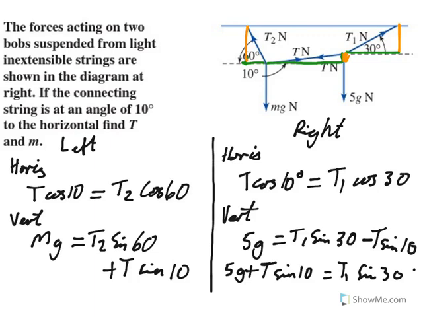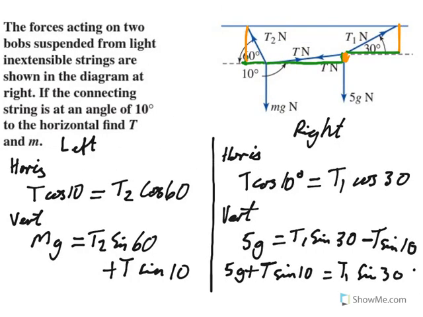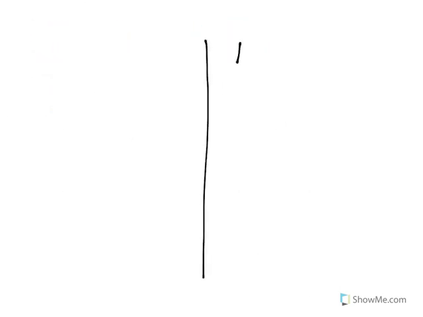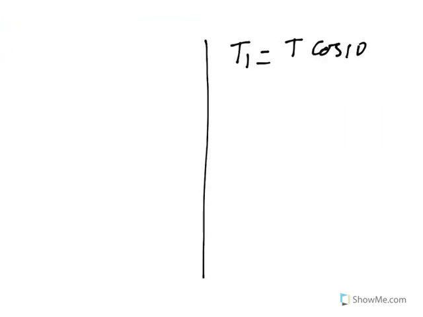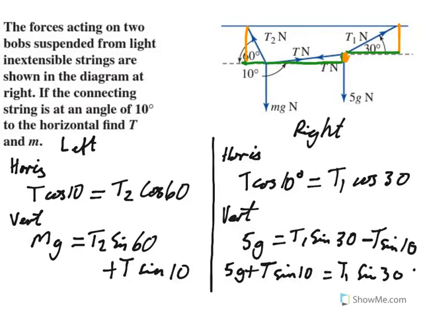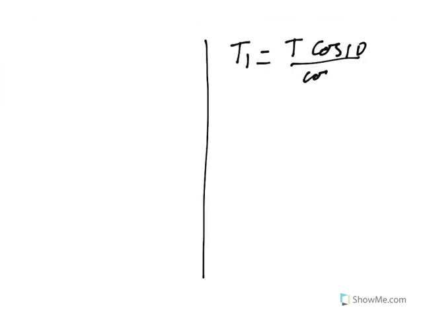Okay, so if we look at the right hand one, T1 would be T cos 10 over cos 30.